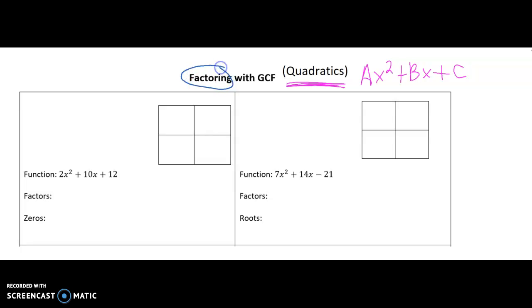So all these examples are going to be quadratics, but my students need to keep in mind that when we do factoring, factoring means to break it apart. So I would write everything down: break apart, put it into simpler terms. And then the GCF is the greatest common factor.